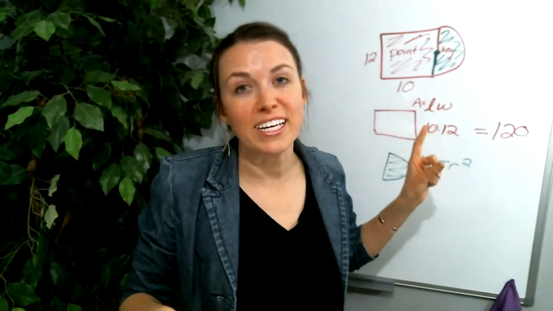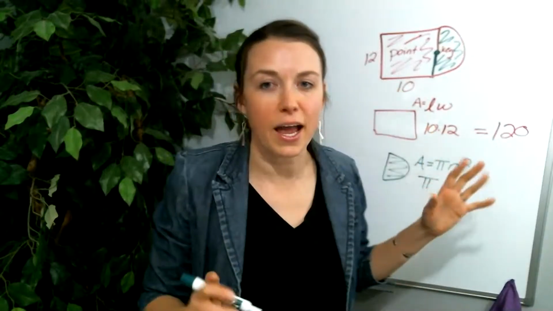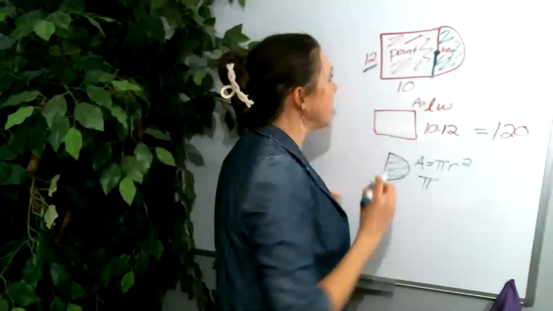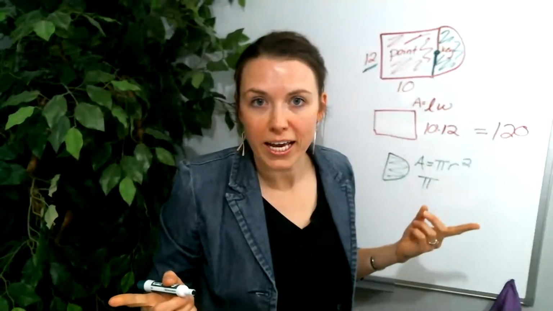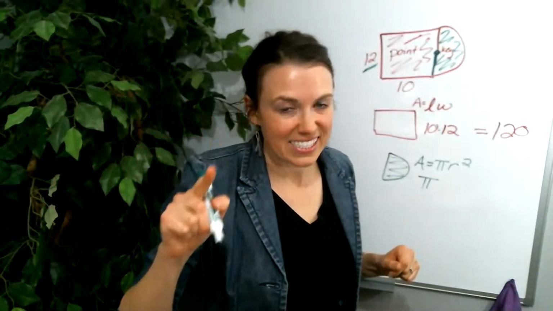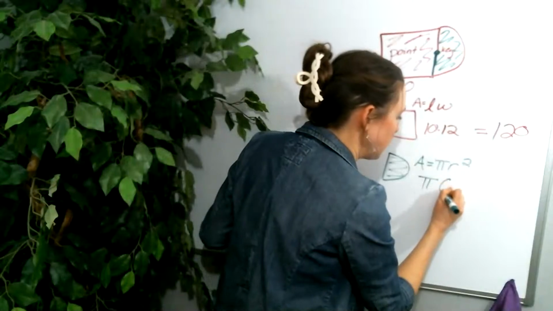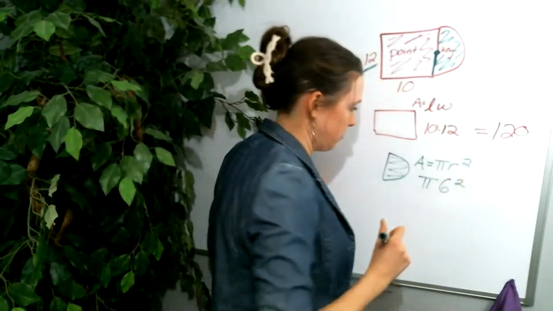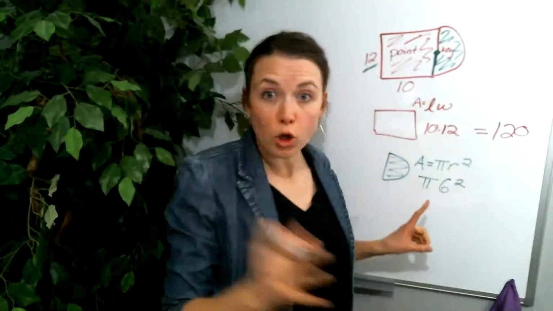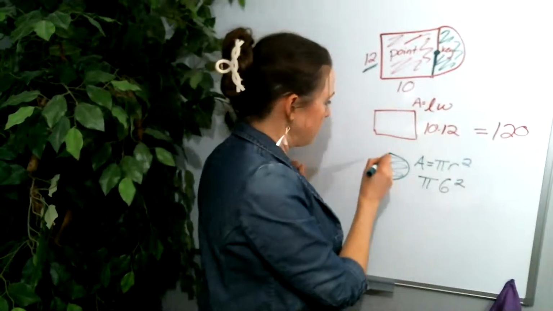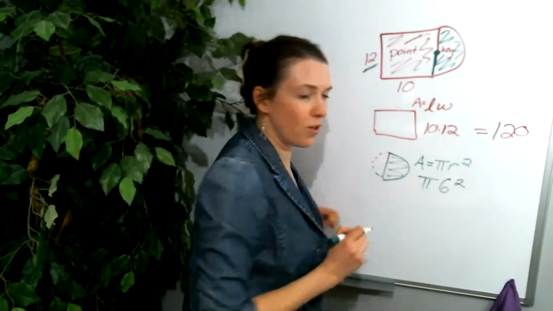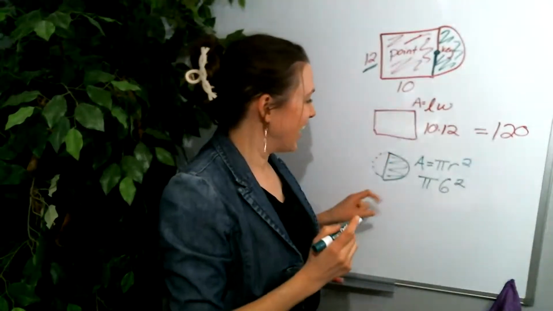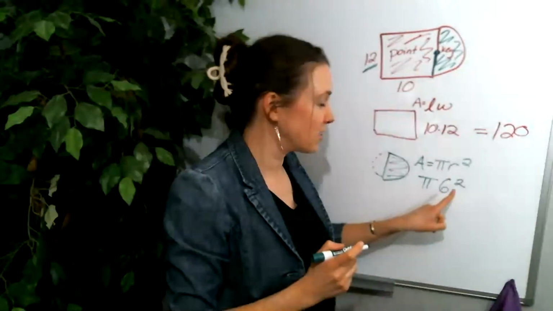And that's what we need here. We need the radius, not the diameter. So we're going to take half of 12. Half of 12 is 6. So 6 squared. So my area of my whole circle is pi times 6 squared.